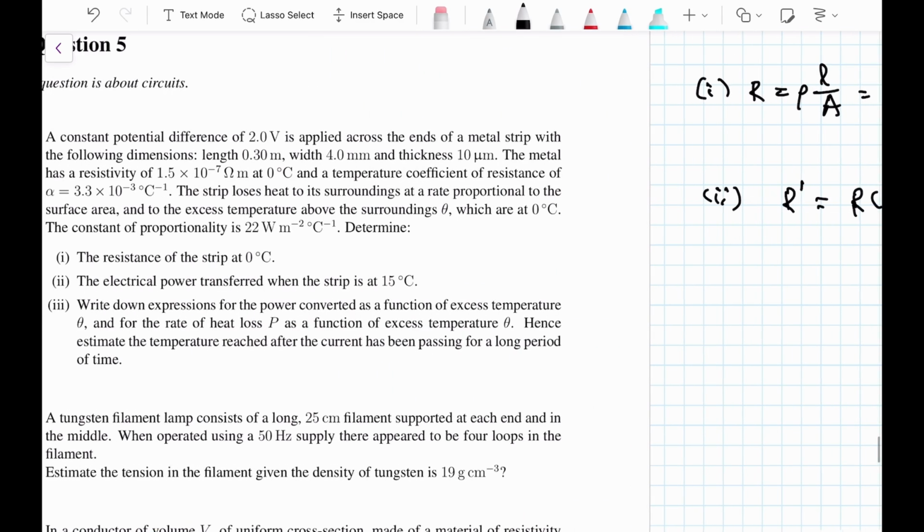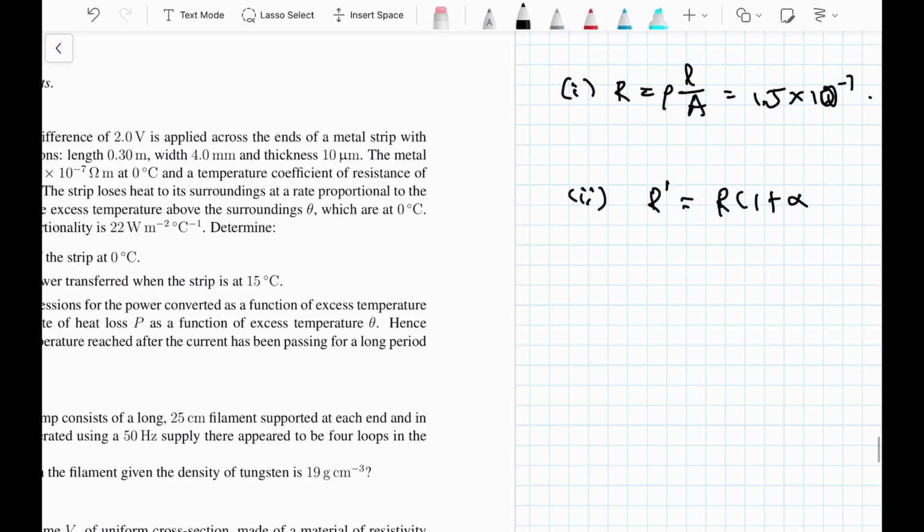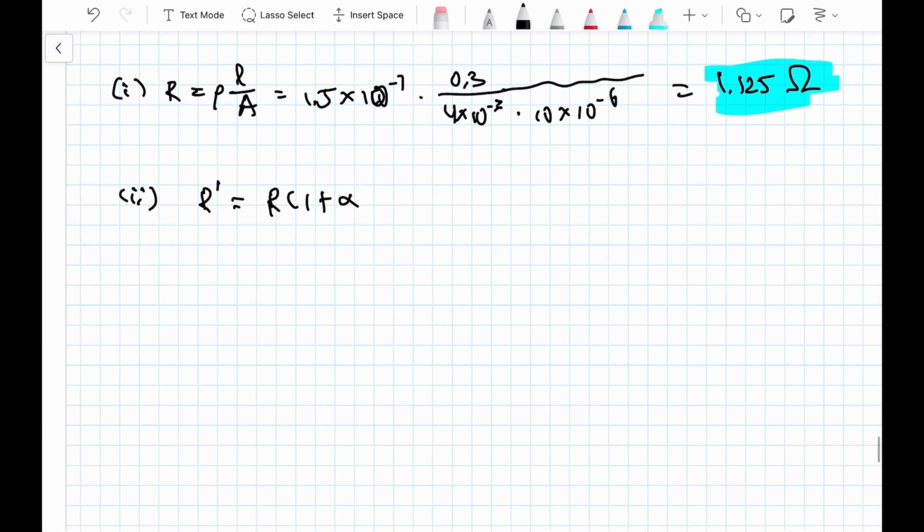The temperature we denote by theta, the excess temperature above the surroundings, which are at 0 degrees Celsius. So we are assuming that the surrounding is at 0 degrees Celsius, so you can just use theta.